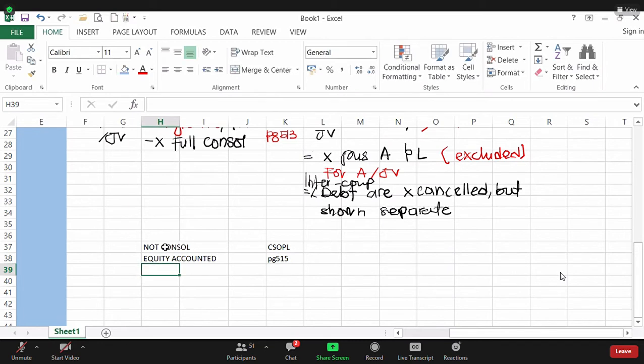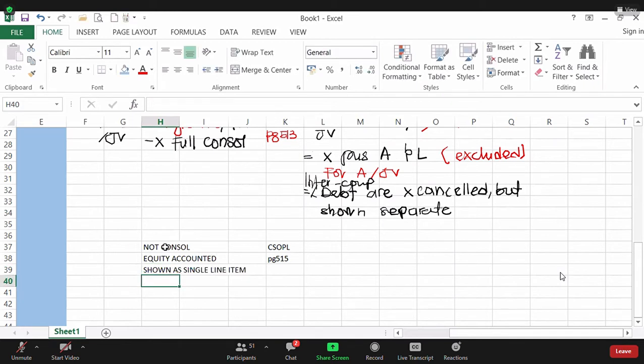Only the statements of the parent and subsidiaries are consolidated. The parent share of profit after tax of the associates and joint ventures is disclosed as a single line item added to the consolidated profit before tax of the parent and subsidiaries.